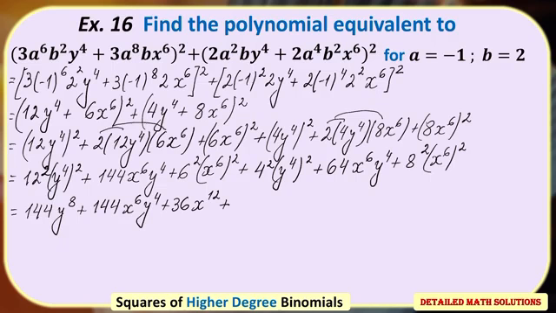I'm going to write it below. We have 16 y to the 8th power plus 64 x to the 6th power y to the 4th power. I'm simply going to rewrite that term. 64 x to the 6 y to the 4th plus, then we have 8 squared x to the 6th power squared, or 64 x to the 12th power.